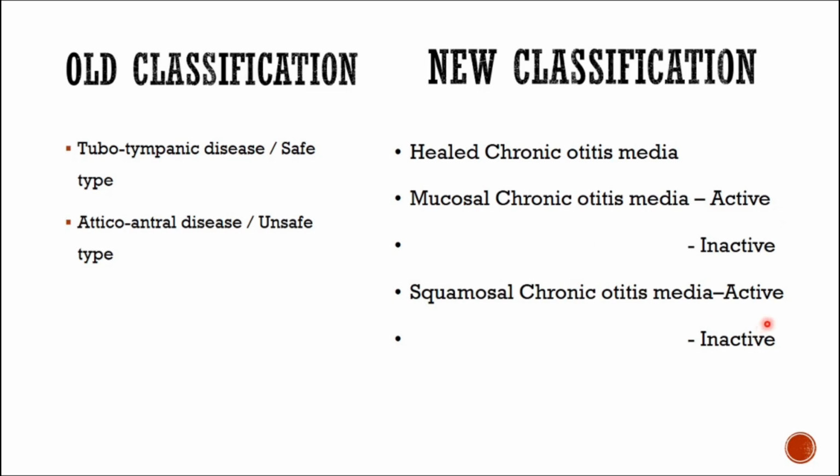In squamous, active means there can be a retraction pocket or marginal perforation along with discharge and cholesteatoma. Inactive means there won't be any discharge or cholesteatoma, there will be just retraction.